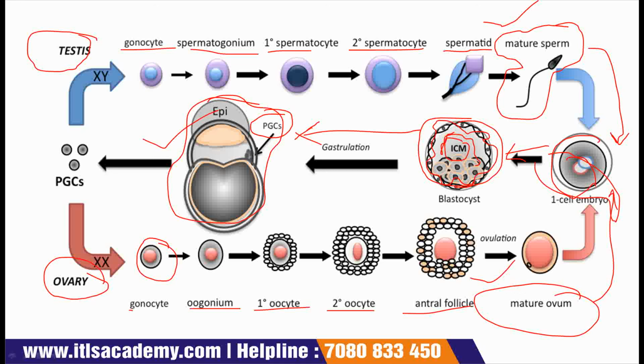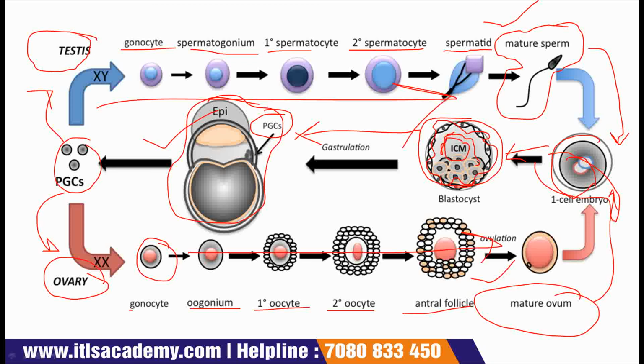These are post-gastrulation cells and further go to the formation of further cells. You can see that these cells can further form testes and ovary, and this process is repeated.